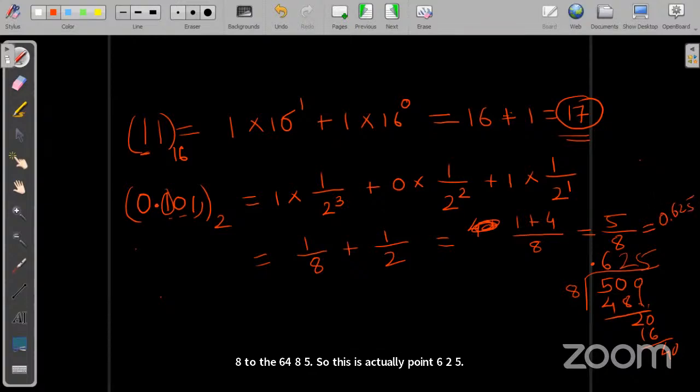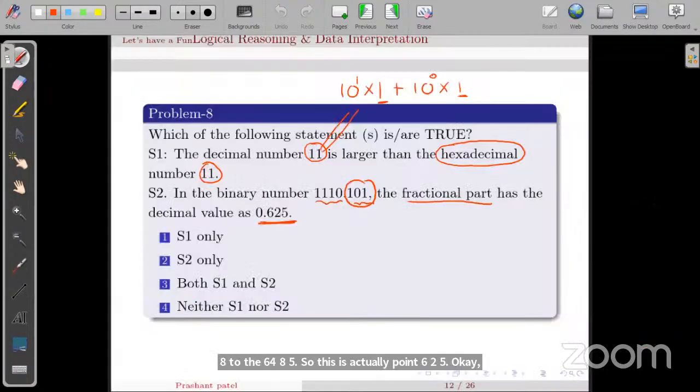Yes, Rishabh, you are right. The question is, in the binary representation of this one, is the fractional part's decimal value 0.625? This is correct. So the second statement is correct, the first statement is wrong. So only the second option is correct here.